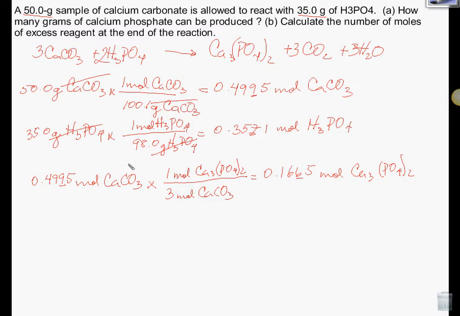Now we're going to get the number of moles of calcium phosphate obtained with this amount of moles of phosphoric acid. We have 0.3571 mole of phosphoric acid. And according to the equation, with 2 moles of phosphoric acid, you can produce 1 mole of calcium phosphate.